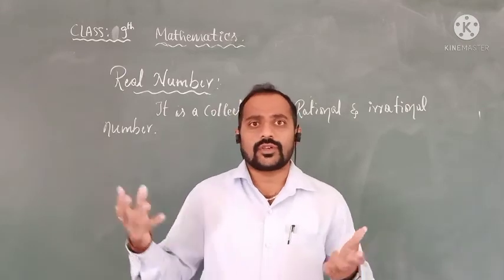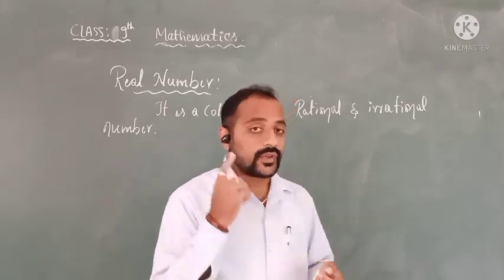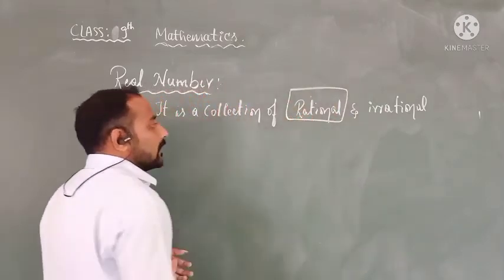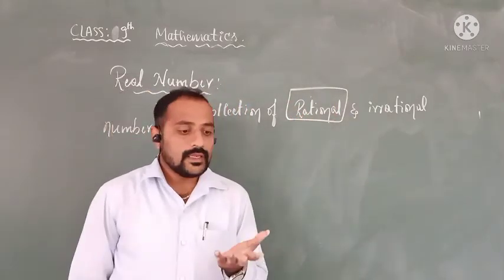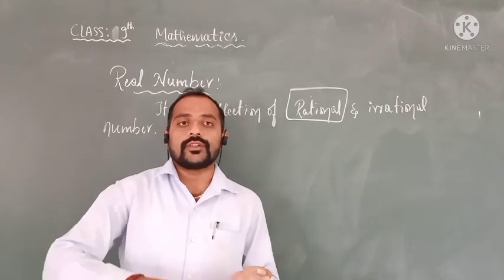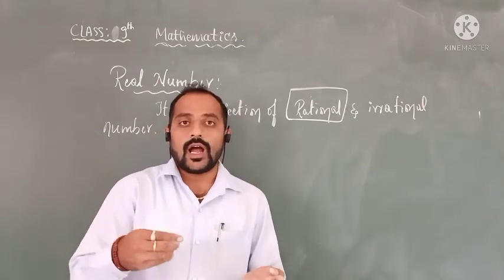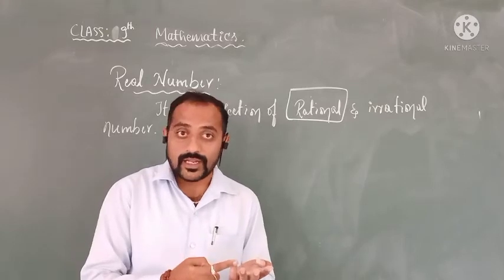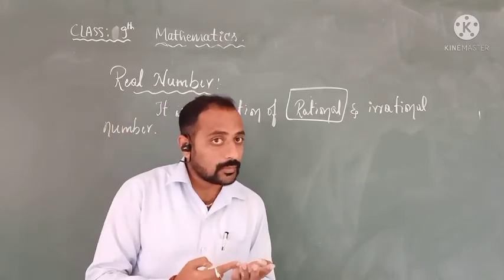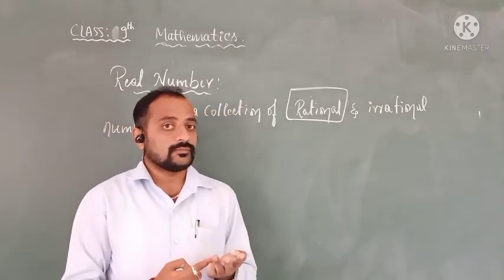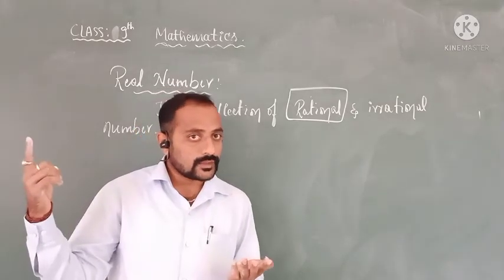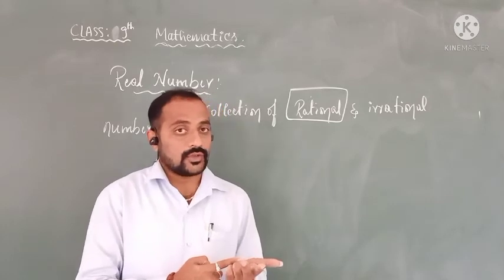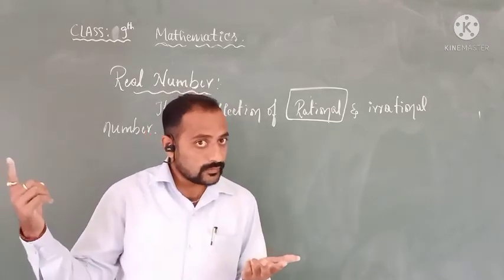So then where are natural numbers, whole numbers and all? Observe carefully. I said that it's a collection of rational, which means rational includes all of them. Rational is also included with the natural numbers. Right now, all the natural numbers I can say are rational: 1, 2, 3, 4, 5, 6. All the whole numbers we can call rational: 0, 1, 2, 3, 4, 5.